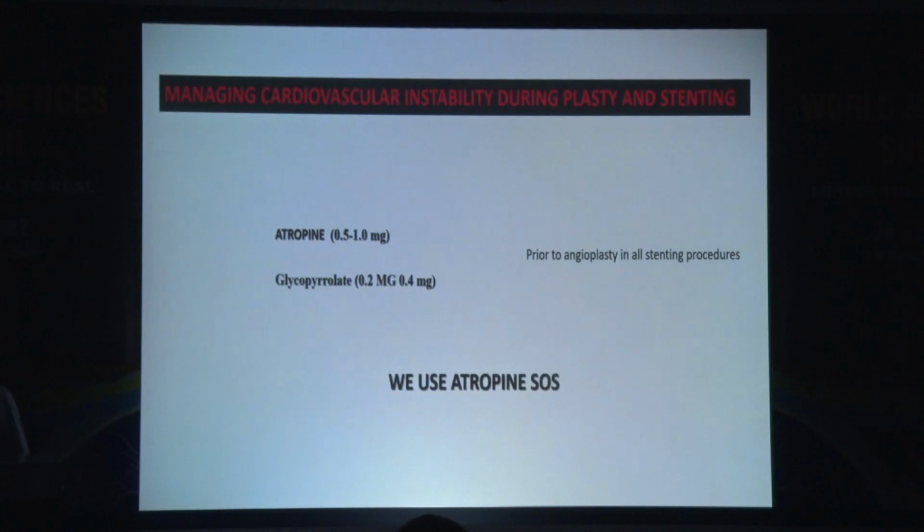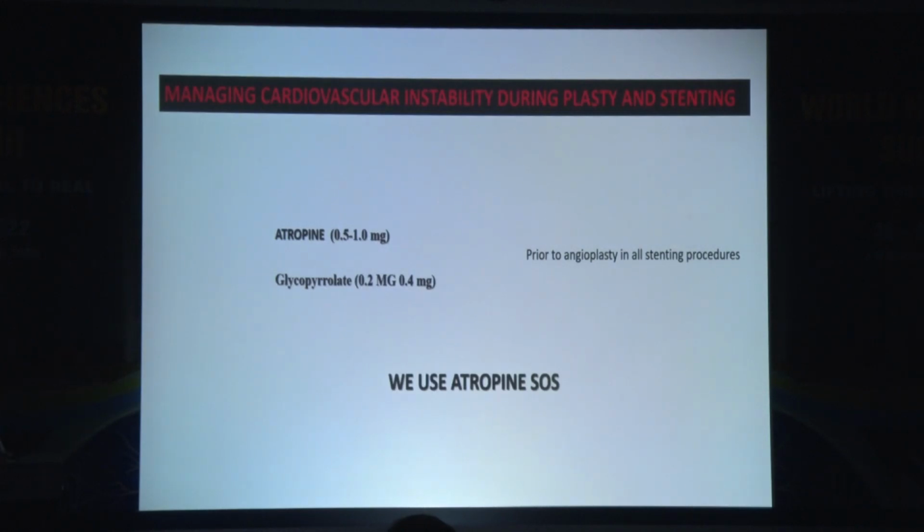So what about the cardiovascular instability, which is actually the most anticipated complication during angioplasty and stenting? We always prefer to use the commonly used drugs, atropine and glycopyrrolate. Previously we used atropine SOS. If a patient had bradycardia during the angioplasty, we gave an atropine dose.